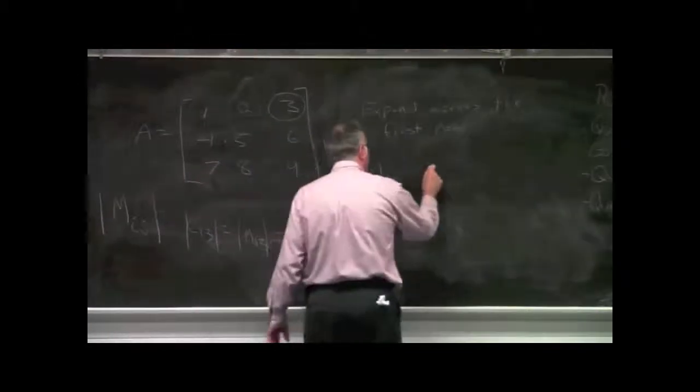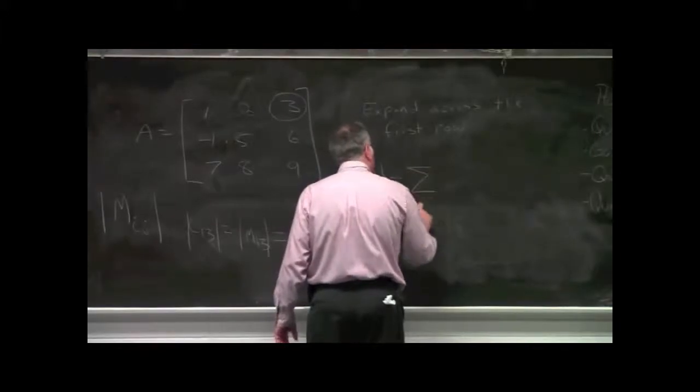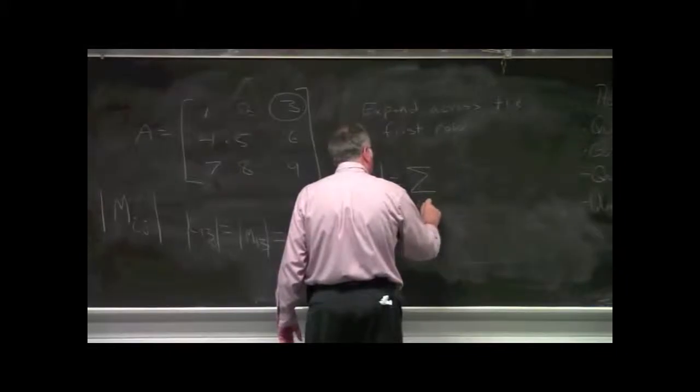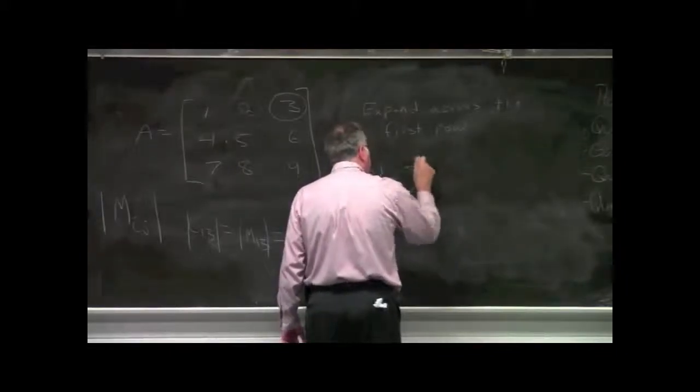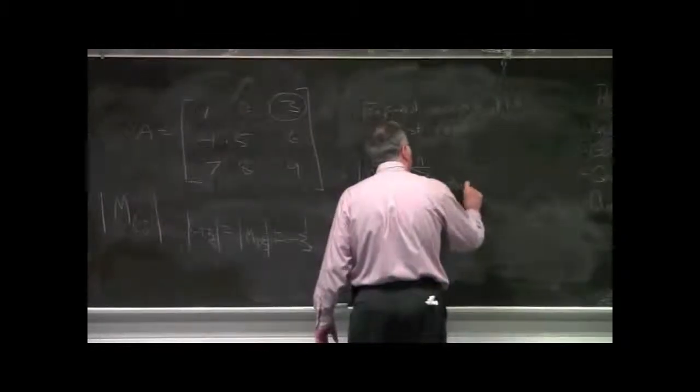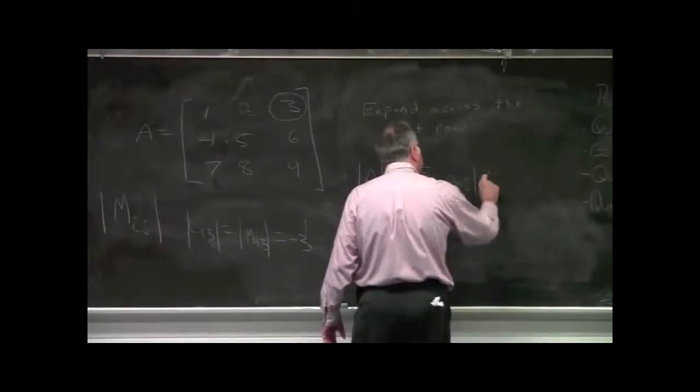It is the summation from j equals 1 to n. Let me give you the general case where you have it n by n. Of A1j times C1j.